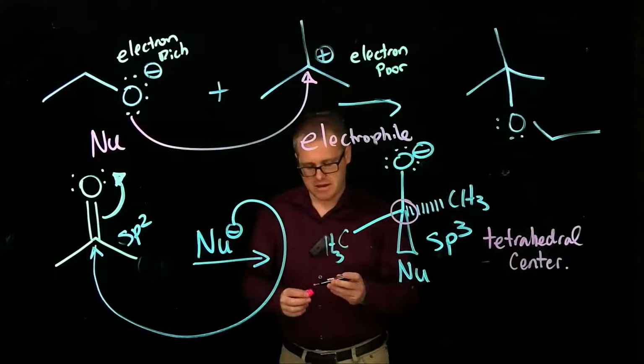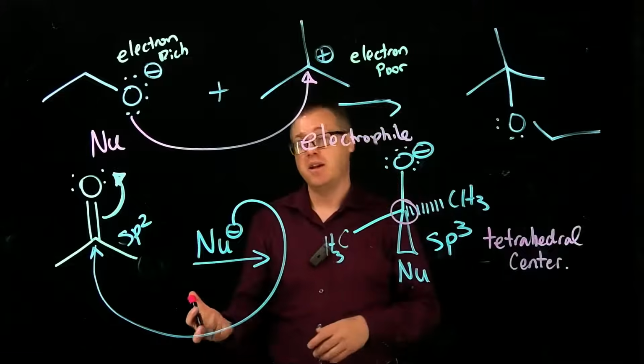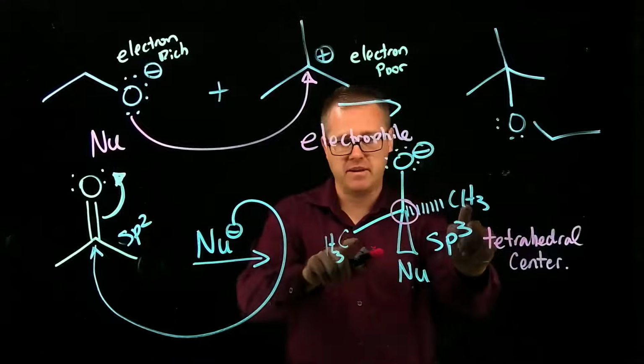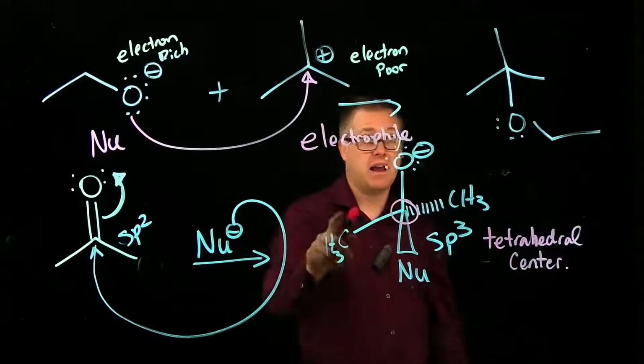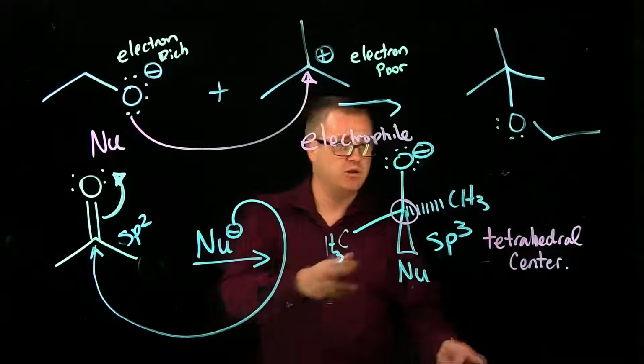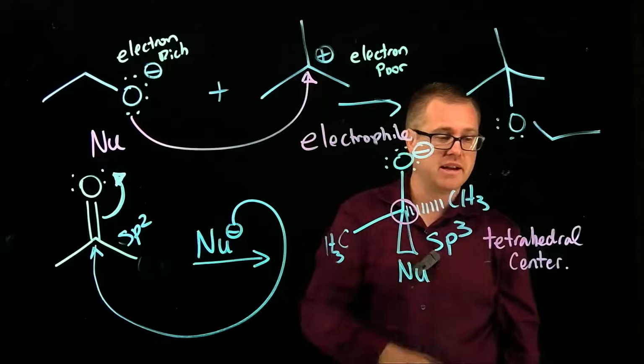Now that tetrahedral center could be a stereocenter. It may not. In this particular case, it's not because we have the two methyl groups. But even if it's not a stereocenter, it would still be called a tetrahedral center.